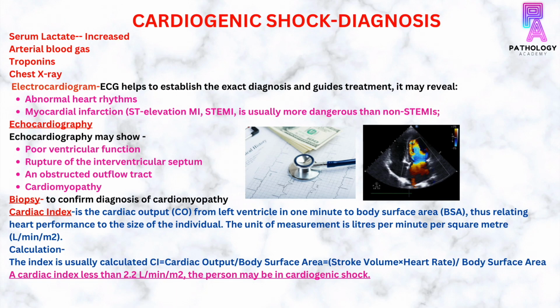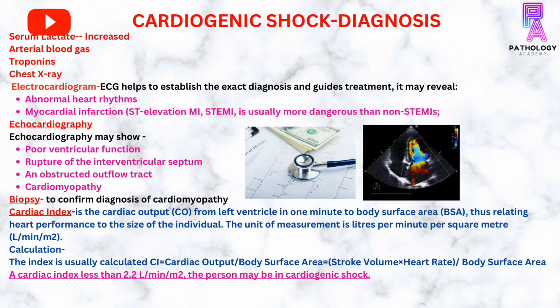The diagnostic workup of cardiogenic shock includes serum lactate levels, which are increased in patients with cardiogenic shock. Arterial blood gases and troponins are done to rule out myocardial infarction. Chest X-ray is done. ECG is done, which can help in detecting abnormal heart rhythms or myocardial infarction.